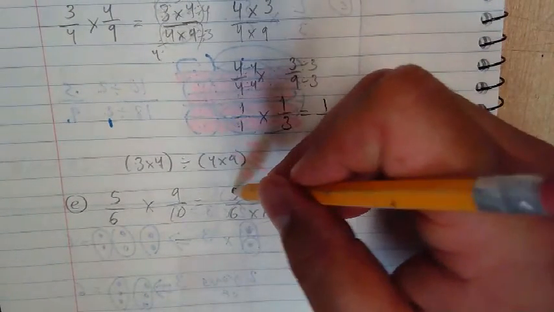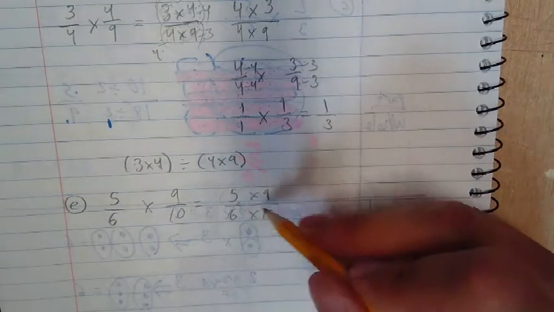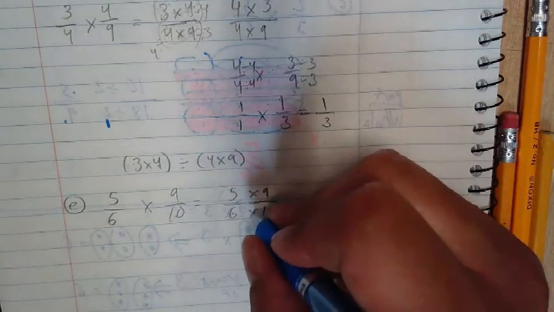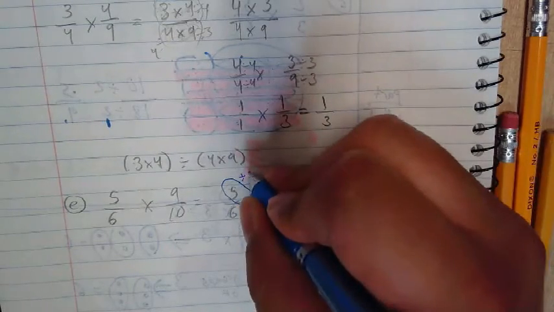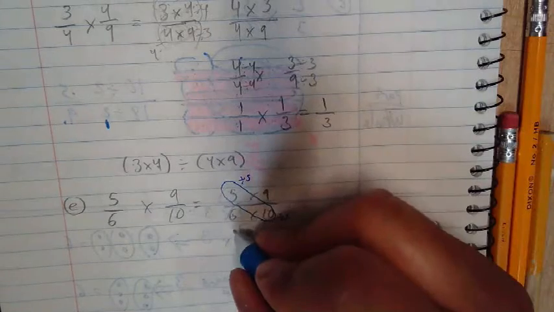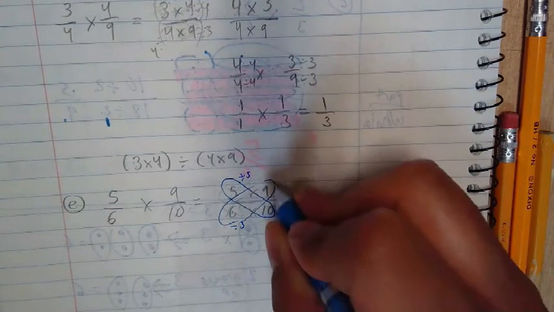The 5 and the 6 don't have a common factor. The 5 and the 10 do. They have a common factor of 5. Now, if you want to do this, just so you can remember, that's fine. You don't have to. Okay? The 6 and the 9, they both have a common factor of 3.